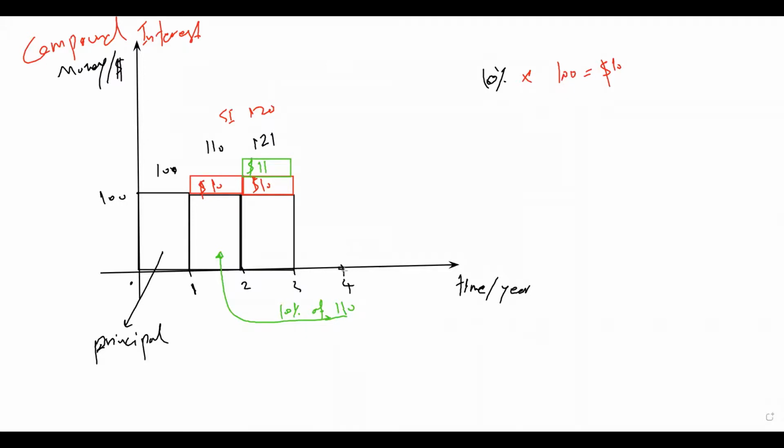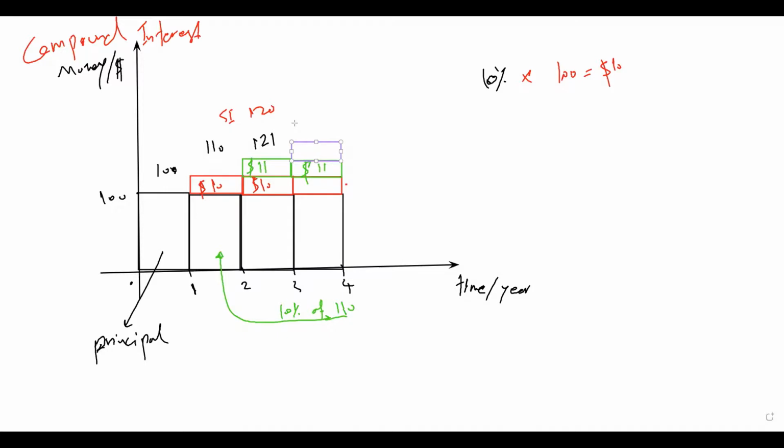For example, for the fourth year, you still have that 100. You still have the 100 that you received at the end of year 1, and the one that you received at the end of year 2, the $11, you still have that. Now, the fourth year, you're gonna get 10% of what you had in your account in year 3.